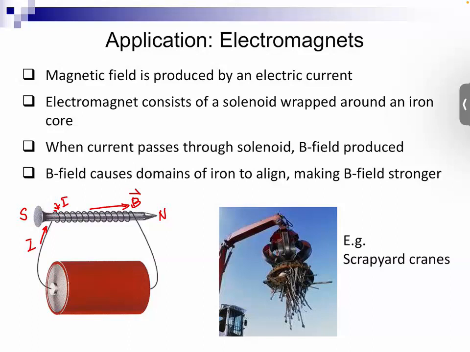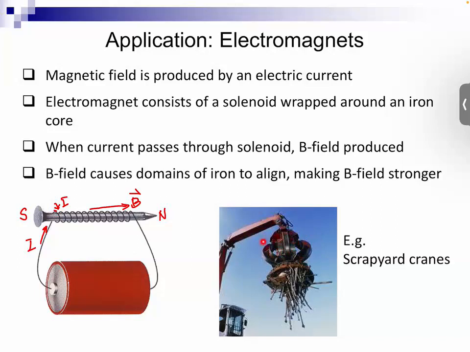So if your current is flowing like this and your wire is coiled in this orientation, the magnetic field lines inside the solenoid will be directed to the right. That forms the north pole and that forms the south pole. So in essence, you have formed a magnet. Okay?